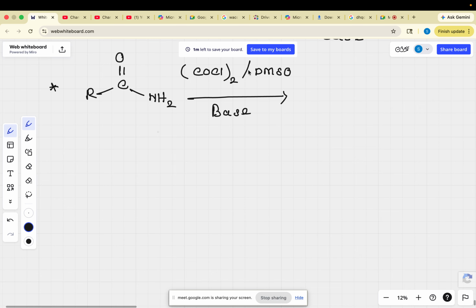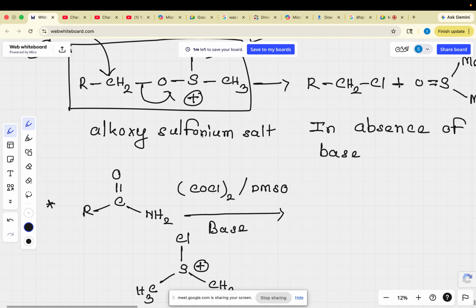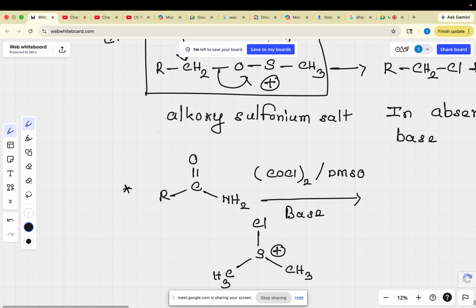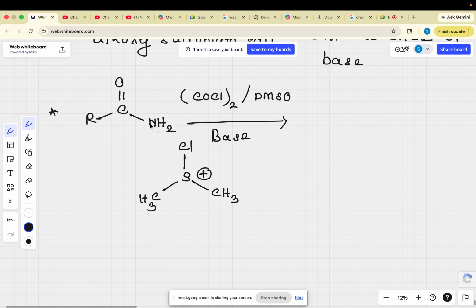By this oxalyl chloride, DMSO and base, what reagent is actually generating? This intermediate is generating by the mixture of this reagent DMSO and oxalyl chloride. So what will happen?